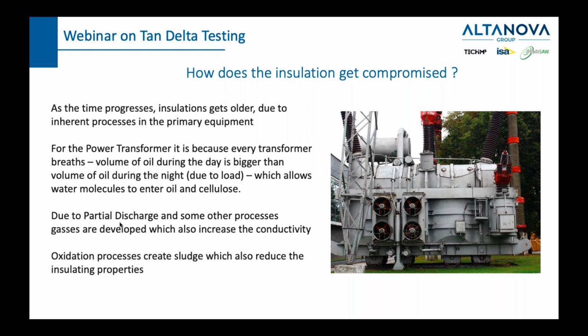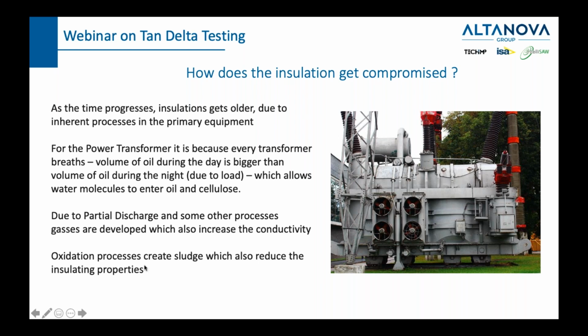Also, due to partial discharge and some other processes, gases like thermal gases are developed, which increase the conductivity. If you have partial discharge, you will have more hydrogen. If you have hot spots, you will have other gases, ethane, methane, etc. And all these gases, when they are dissolved in the oil of a transformer, can increase the conductiveness of the oil.